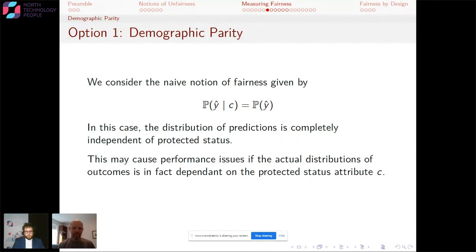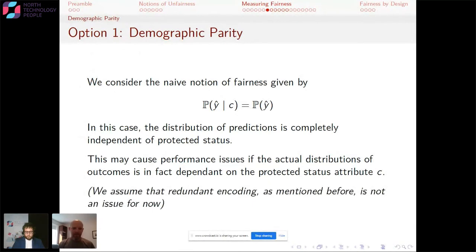As we're going to see, this causes some performance issues and actually allows for a lot of unfairness in some senses, because in general the probability of favorable outcomes is different across protected and non-protected groups.